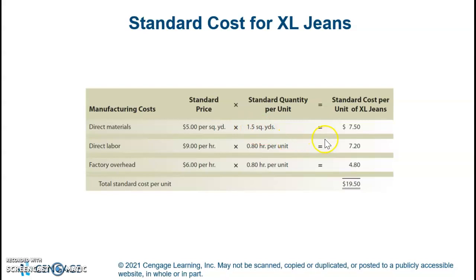So when we multiply it, we can find the standard cost per unit of the extra large jeans, $7.50. We can do the same thing for direct labor and for factory overhead. When we add direct materials, direct labor, and factory overhead together, we can get $19.50.